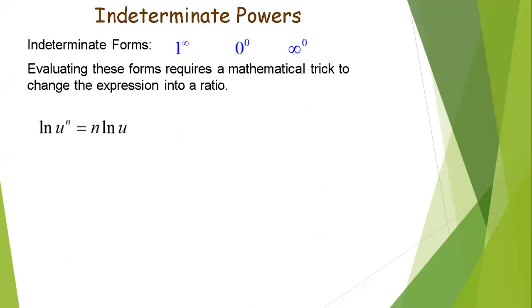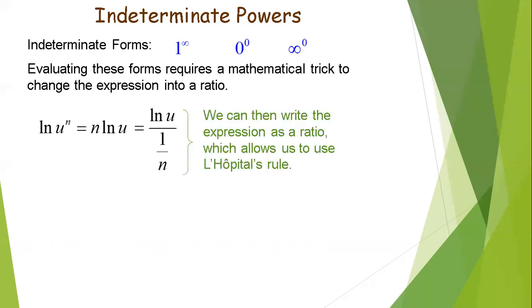For example, we have ln u to the power of n equals n ln u, equals ln u over 1 over n. We can then write the expression as a ratio, which allows us to use L'Hopital's rule.